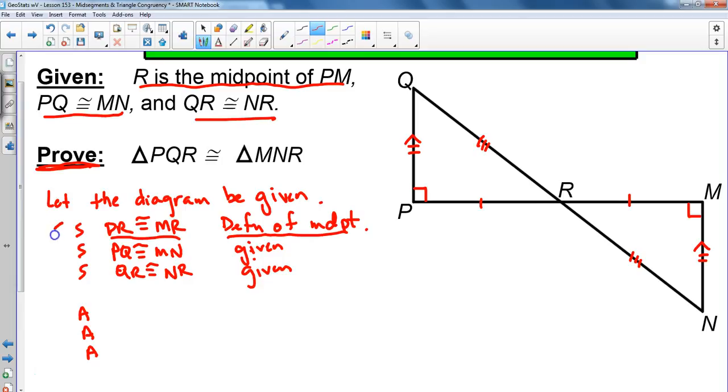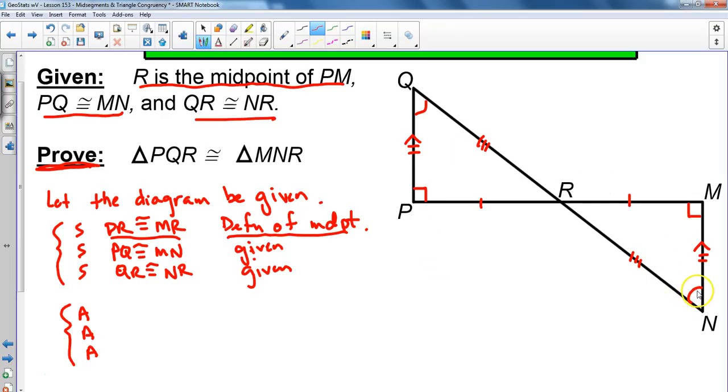Okay, so we've gone through the process, showed that all three pairs of corresponding sides are congruent. So let's check out the corresponding angles. Let's start with angle Q, and we need to somehow reason that it's congruent to angle N. Well, if you check out my original given information, I've got parallel lines for PQ and MN. Those are both parallel.